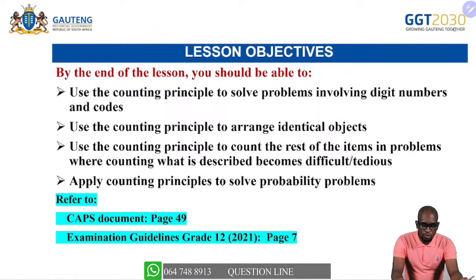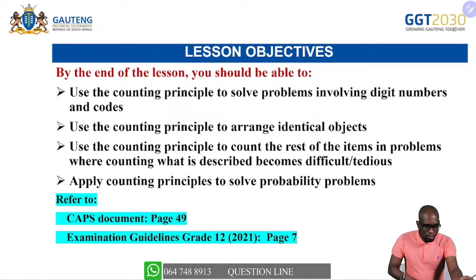We should be able to use the counting principle to count the items in problems where counting what is described becomes difficult or tedious. And we should be able to apply the counting principle to solve probability problems.